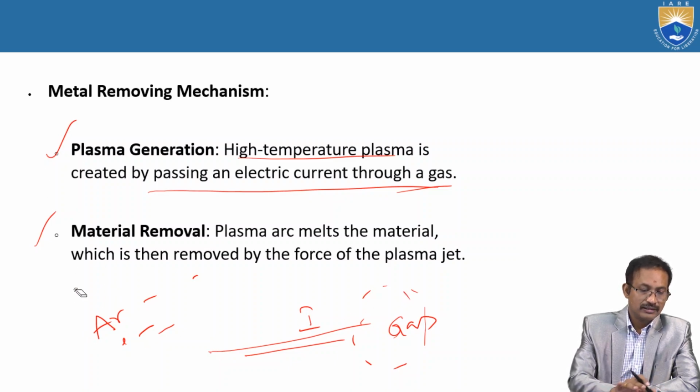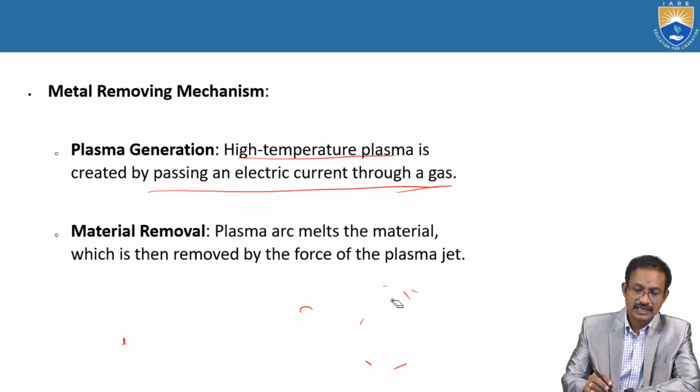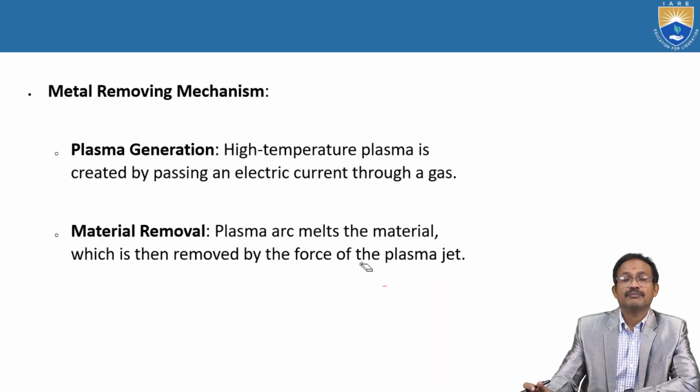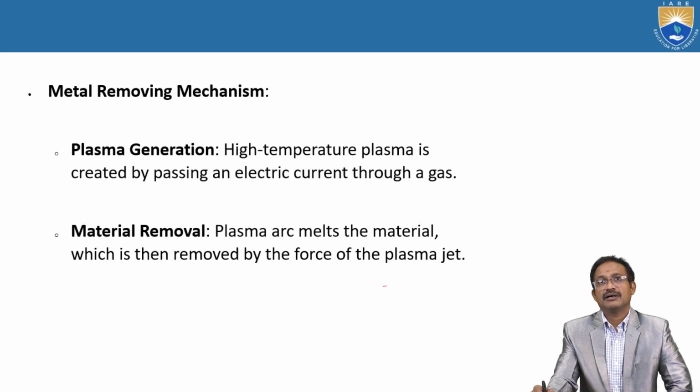Next, the metal removal mechanism is an important one in all the processes. The main purpose of machining is the removal of material, so we have to study its mechanism very carefully, and how it depends on various parameters.